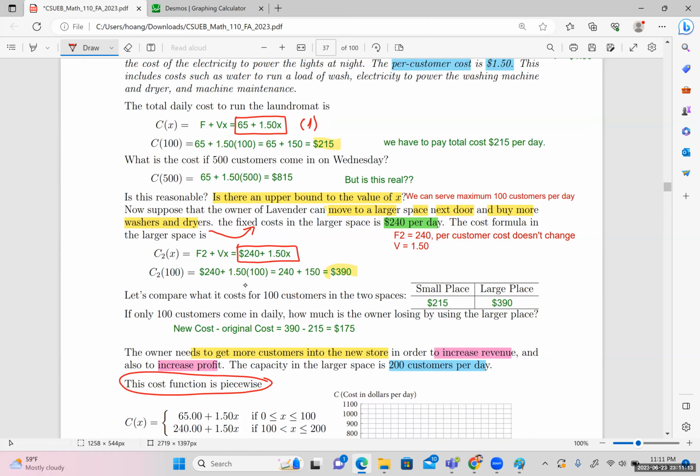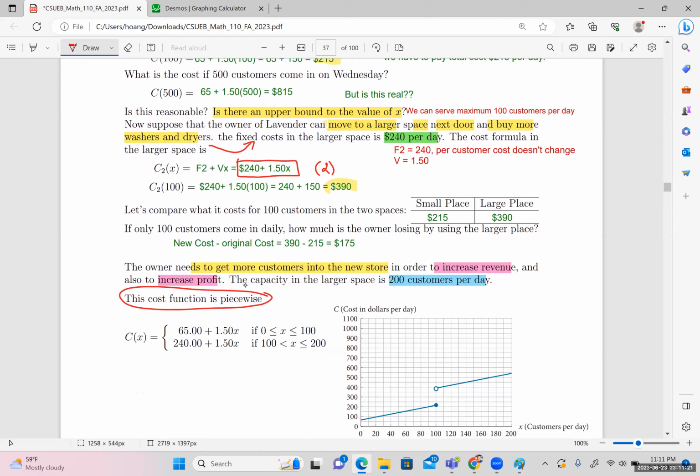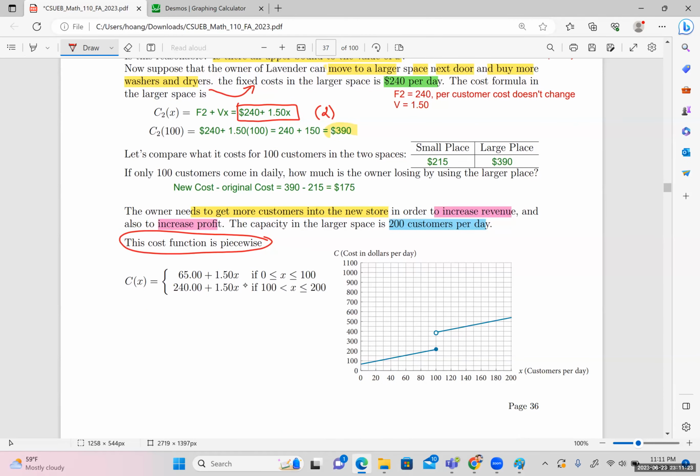The first case was the original cost without extending, with the requirement that demand is between 0 and 100. For the case that you extend the business, you must have more than 100 people and less than or equal to 200 customers per day.